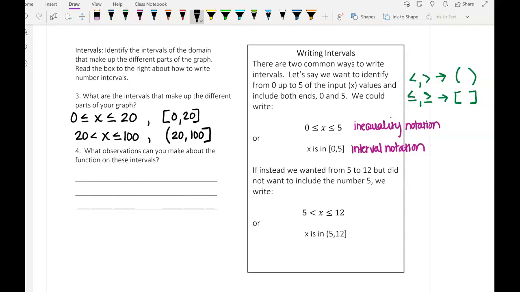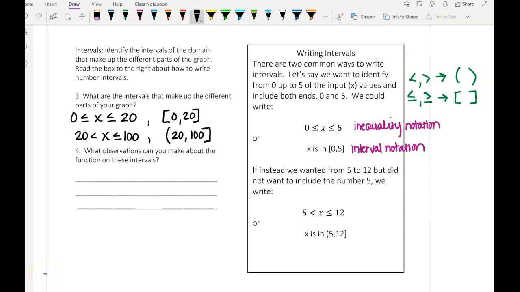Then 4 says, what observations can you make about the function on these intervals? So I want you to go back to some of the marks we just made on the graph, and I'm going to give you a minute to write your observations about these intervals.